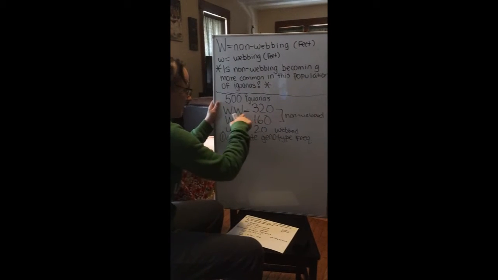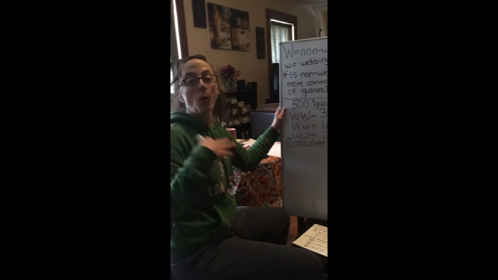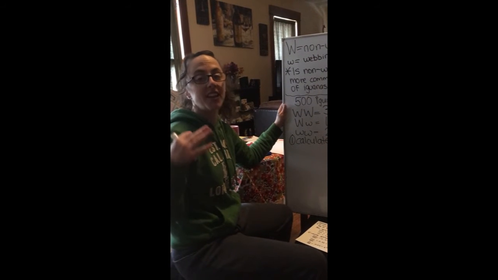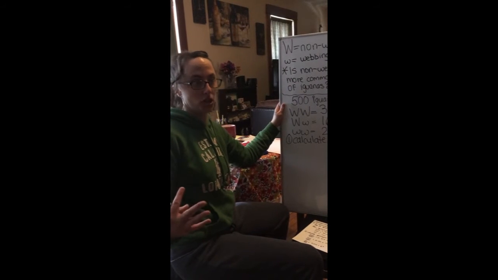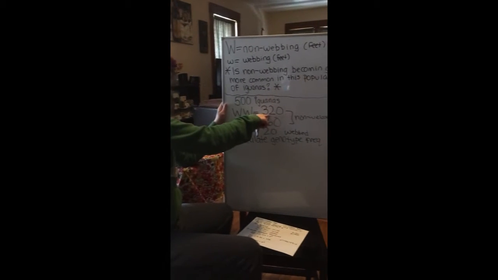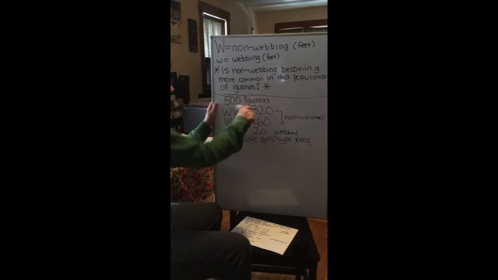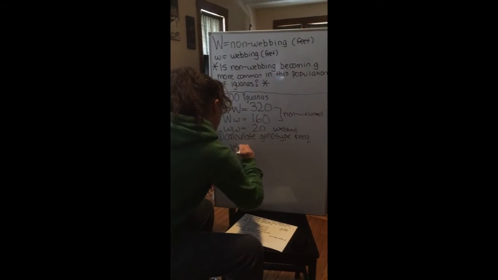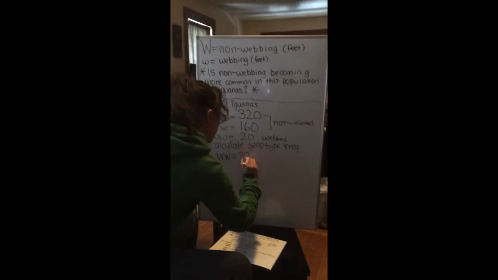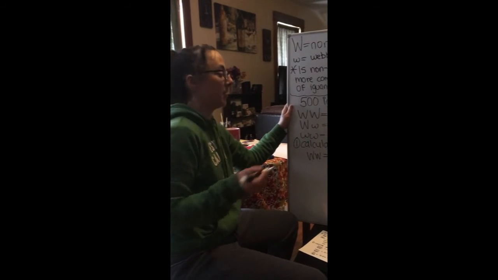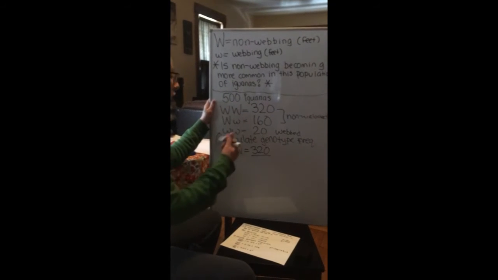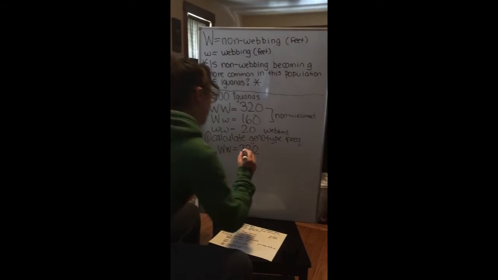We want to calculate the frequency, or what percent of my population has the homozygous dominant genotype. We had 320 individuals that were homozygous dominant. To know what percent of that population, if there's 320 out of that 500, you want to do some simple division.